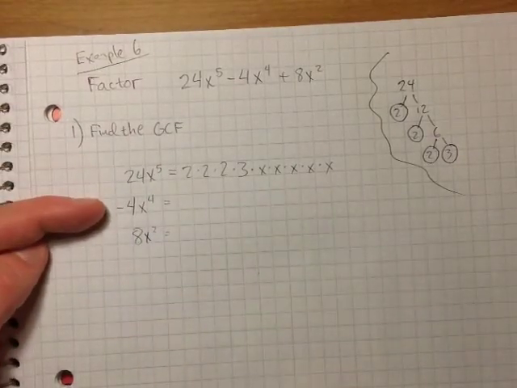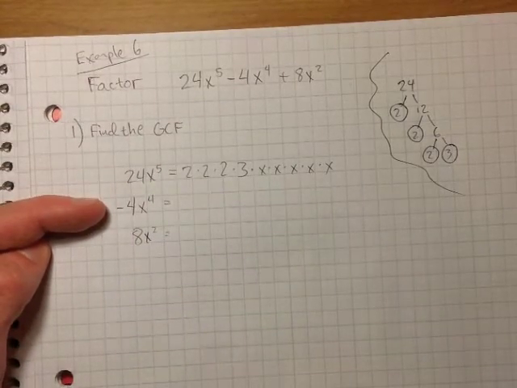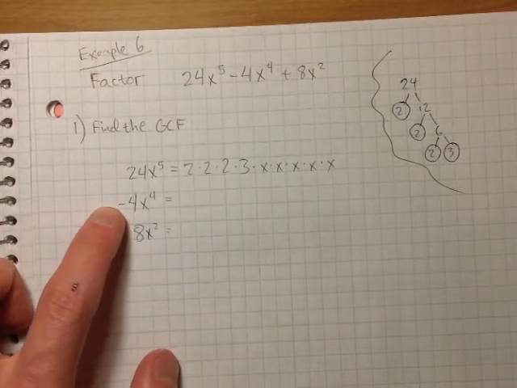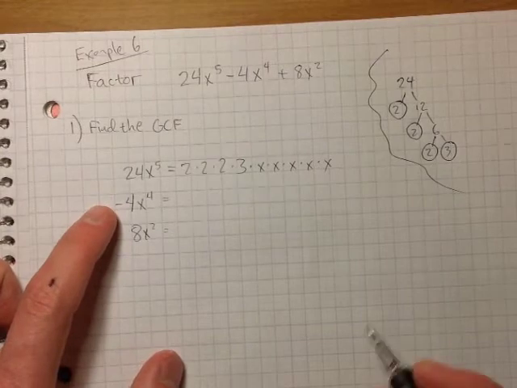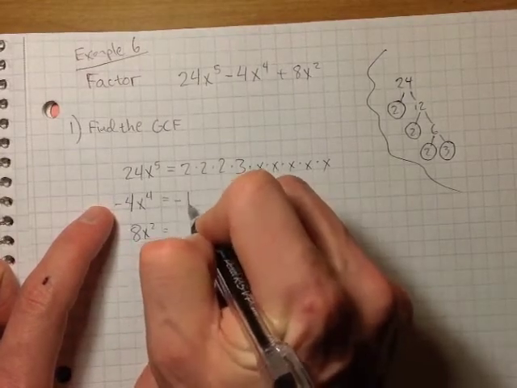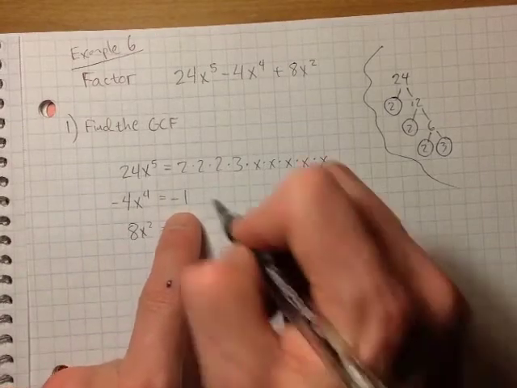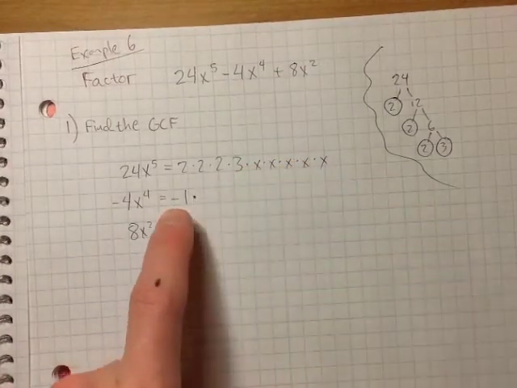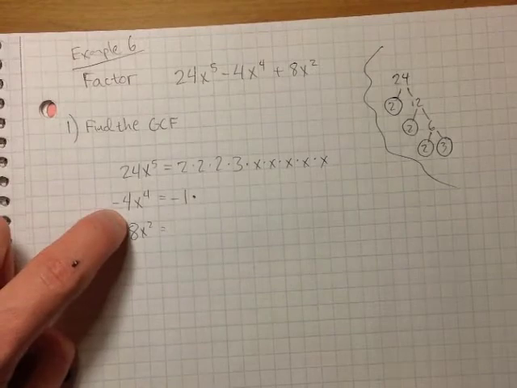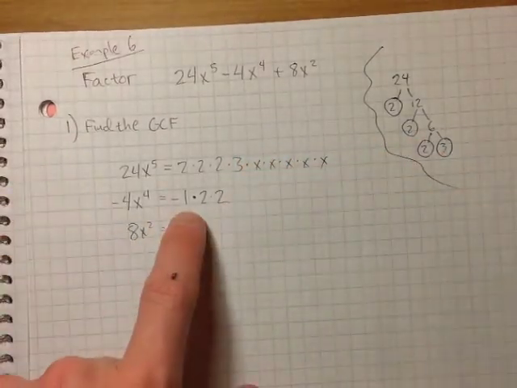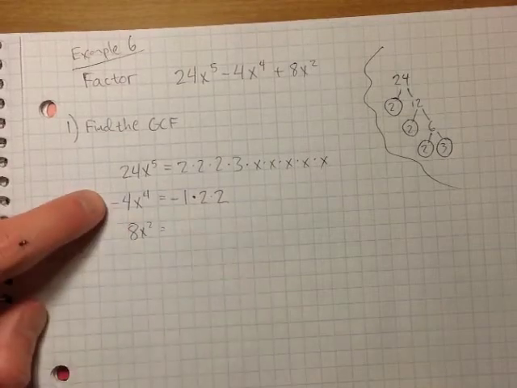Now let's find the prime factorization of negative 4x to the 4th. Now here, this guy is negative. So one of the factors we're going to say is negative 1. Okay, let's just get that negative sign out of the way. Negative 1 times what? Well, negative 1 times the prime factors of 4 are 2 and 2. Okay, negative 1 times 2 times 2 gives negative 4.